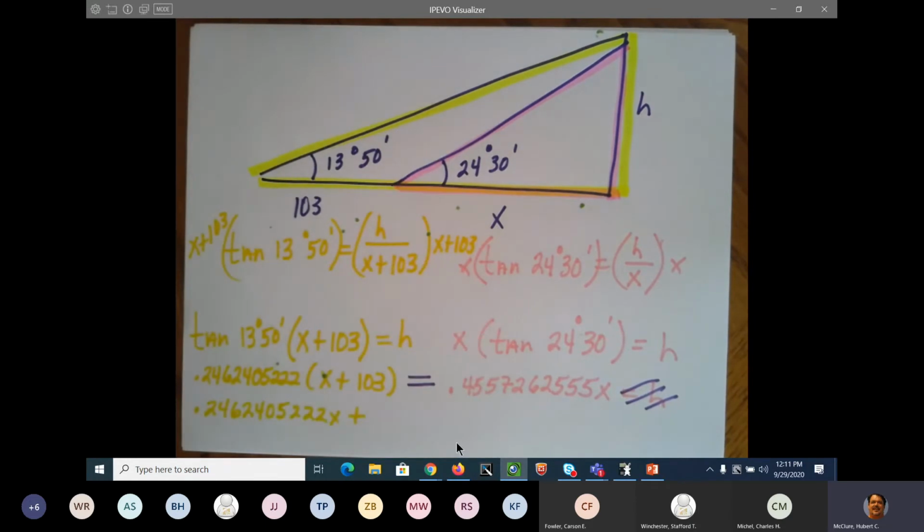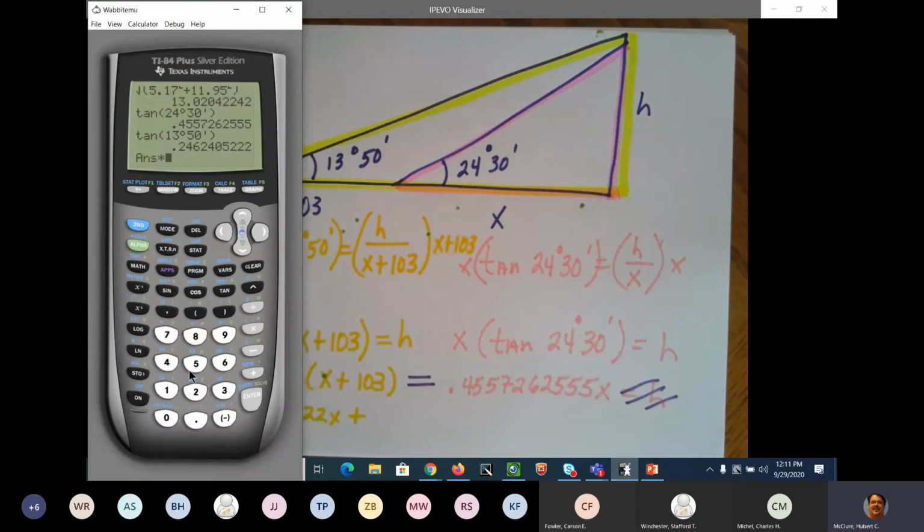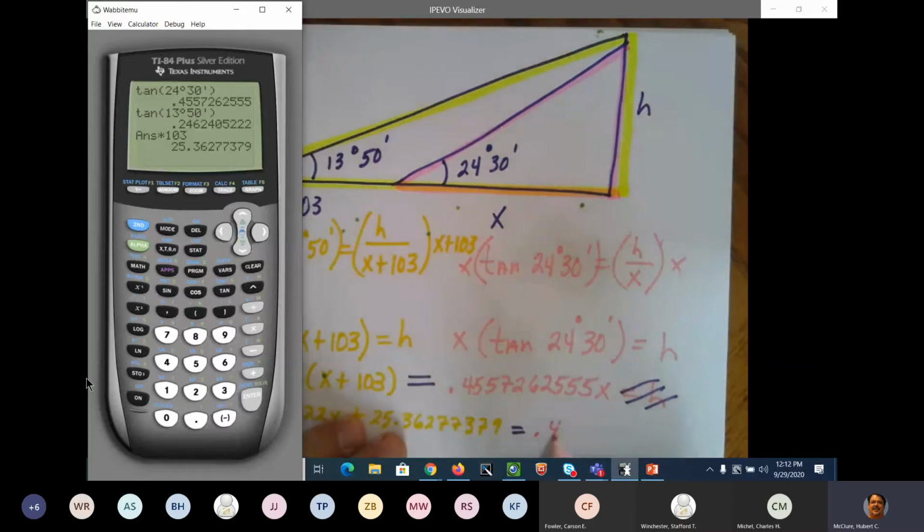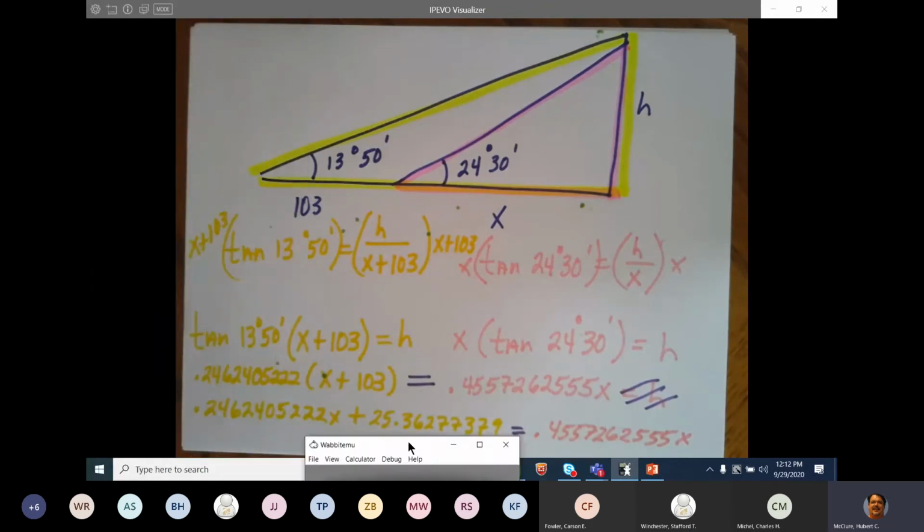I ain't writing all that out, times 103, 25.36277379 is equal to 0.45572625555x. And there's your pre-algebra problem.